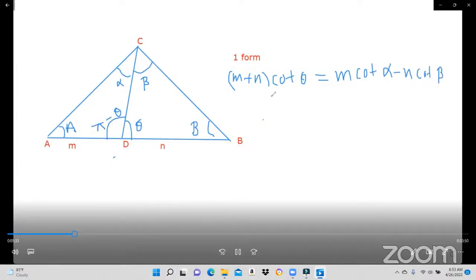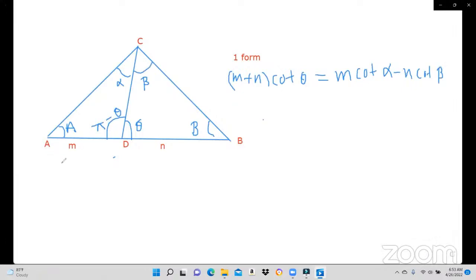Again, if we recall this, how do we identify the pattern?